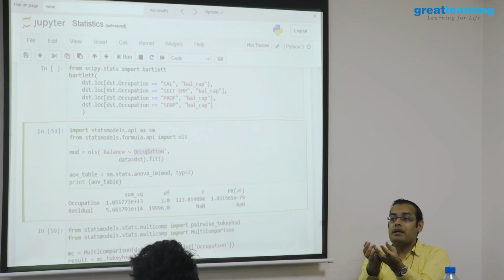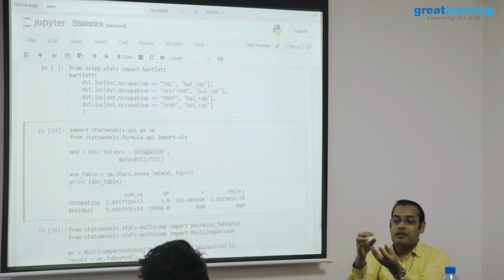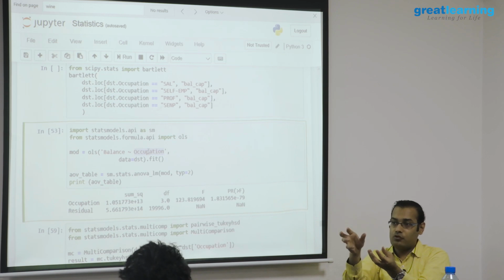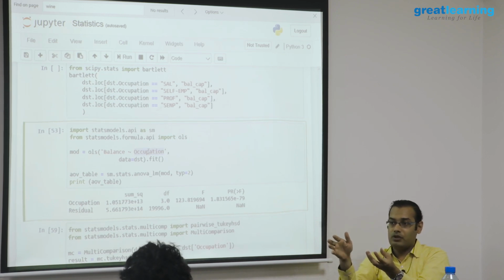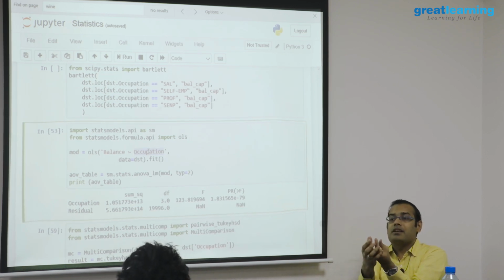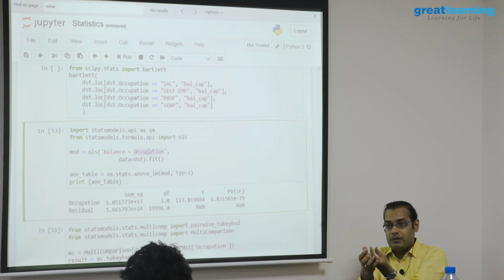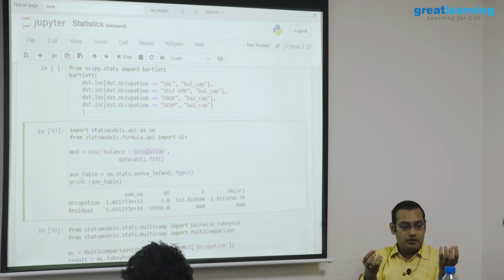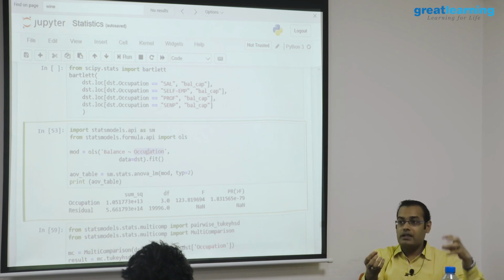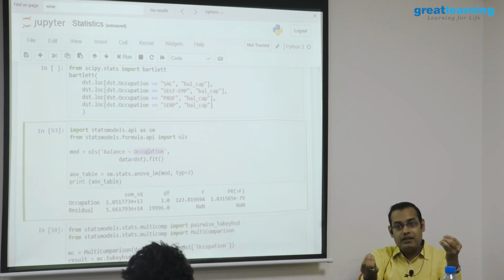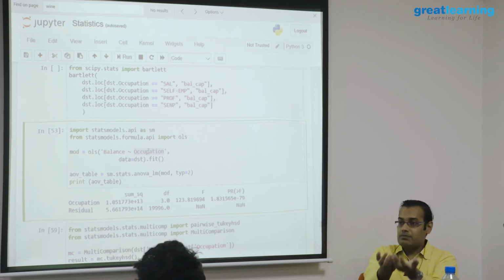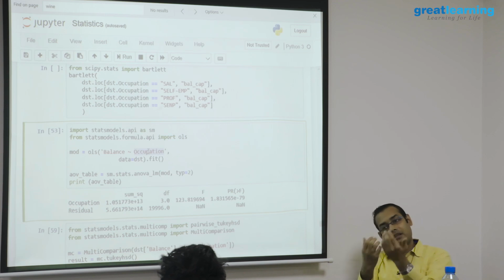So that will become my unexplained error, and the summation of unexplained error squares divided by n minus 1 observations will be the unexplained variance. The difference between the mean of the overall data and the predicted value is the explained variance. So I can compute explained variance and unexplained variance in linear regression also.